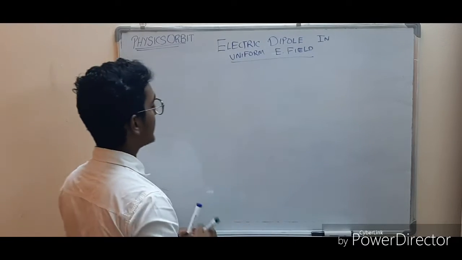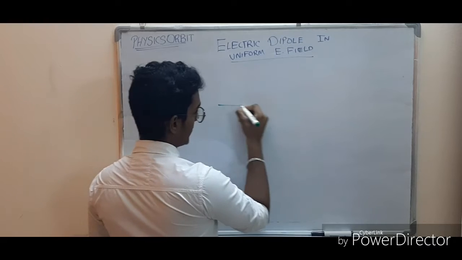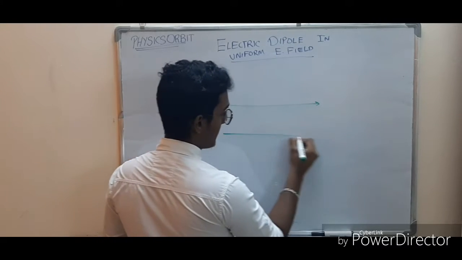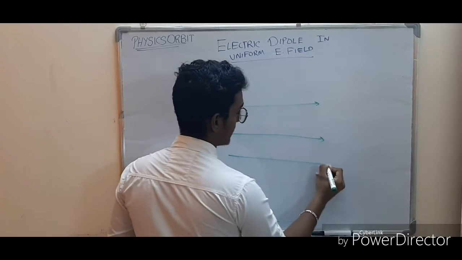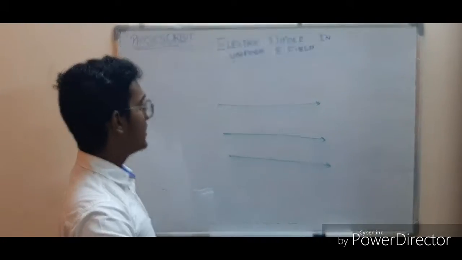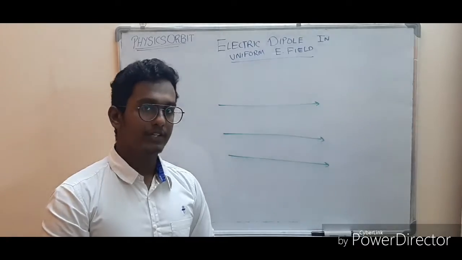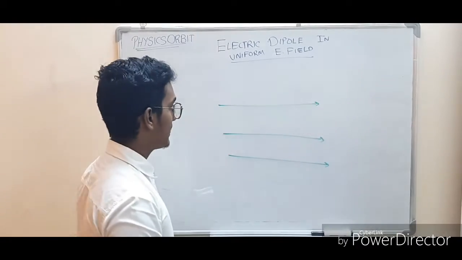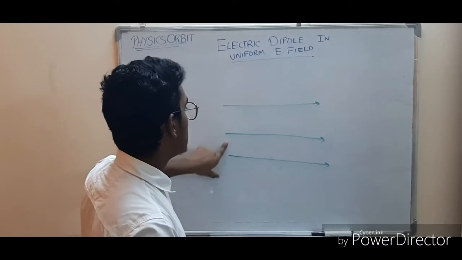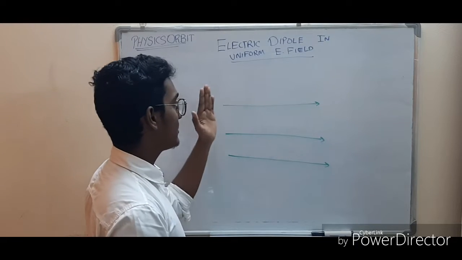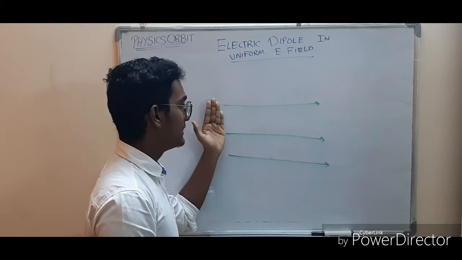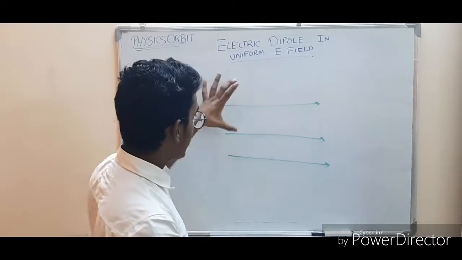I'll draw the dipole in the electric field with a different color. So this is the field, and now the dipole can be oriented in any way. Before we go to that, I'll mention one more point: by convention, the side from where the electric field emerges is the positive side.